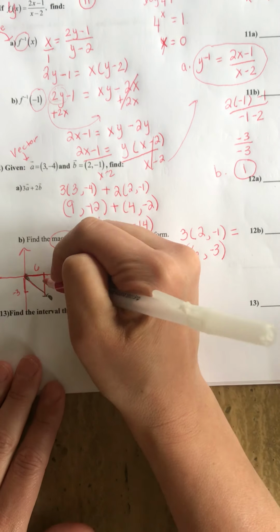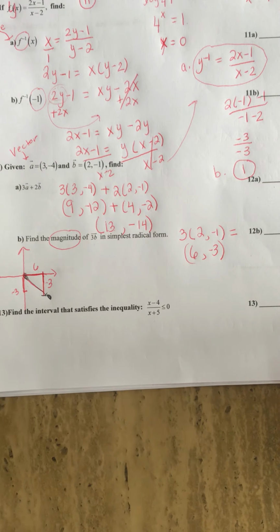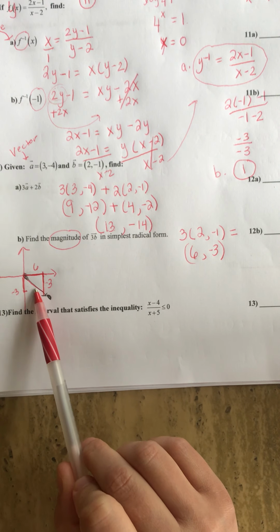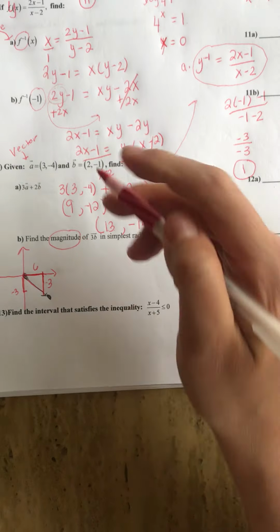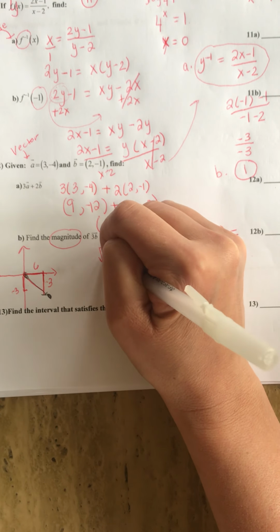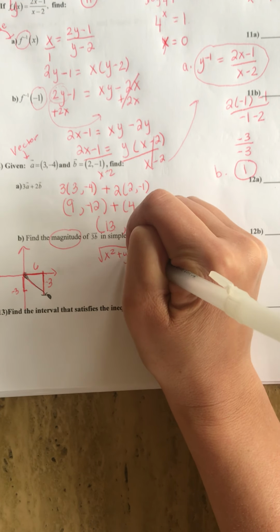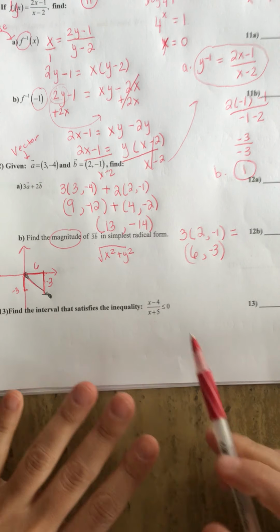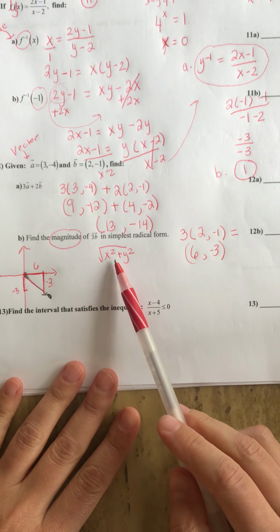As you guys can see, this right here is set up for the Pythagorean theorem, a squared plus b squared equals c squared. We also used in class the square root of x squared plus y squared. So you guys can go ahead and do either one. They both work out as the Pythagorean theorem.